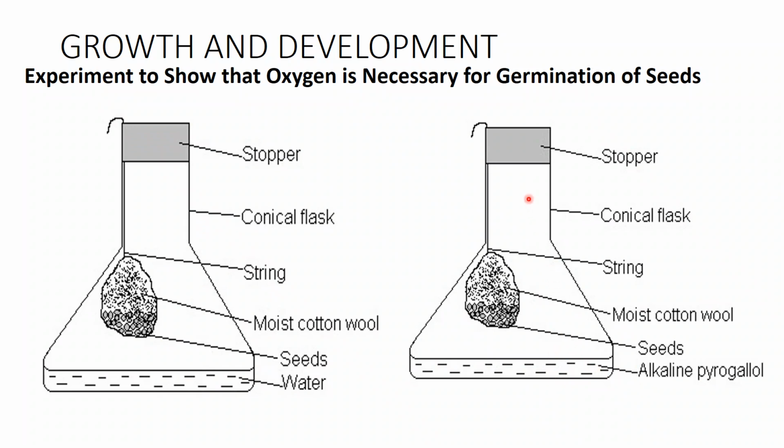So here there's no oxygen, here there's oxygen. If you leave this setup for some time, you're going to discover that seeds here are going to germinate, while seeds here are not going to germinate, which proves that oxygen is necessary for germination of seeds.